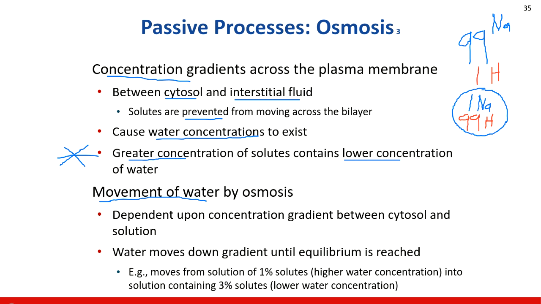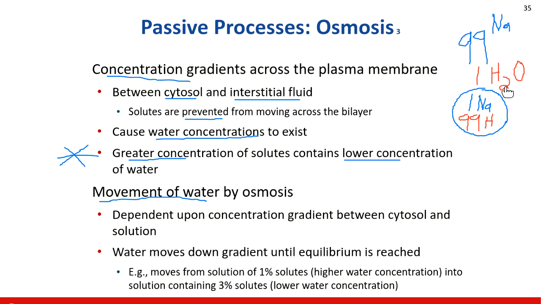All right, so I'm going to reiterate what I'm saying here. Greater concentration of solutes contains a lower concentration of water. So let's establish our solutes first: 99 molecules of sodium on the outside, 1 molecule of sodium on the inside. By that rationale, where we have the greater concentration of solutes, we're going to have the smaller concentration of water.